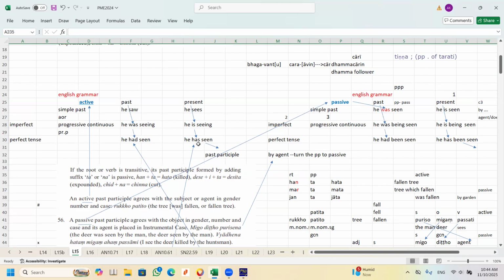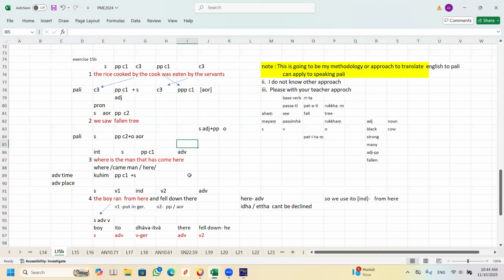Ignore the subject, take the verb has seen. The seen is the past participle. So in this particular case, has come is actually present perfect tense, or present imperfect, it doesn't matter.